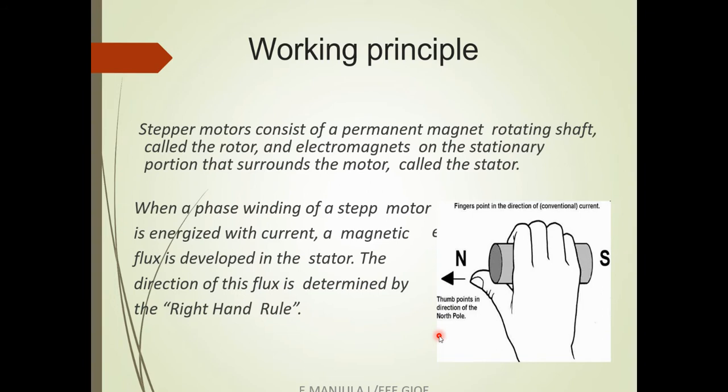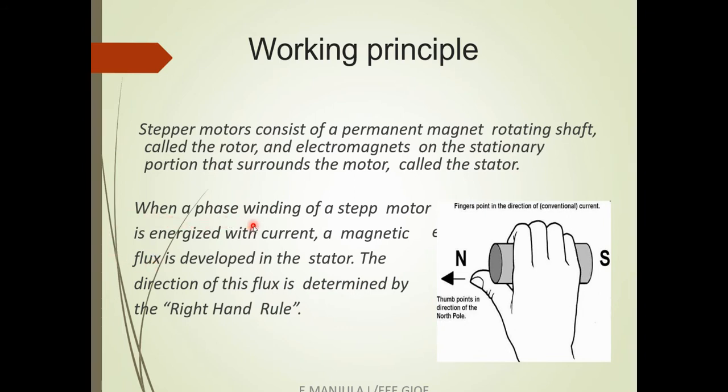Now we'll see the working principle. The stepper motor consists of a permanent magnet rotating shaft called the rotor and electromagnets on the stator. The portion which surrounds the rotor is called the stator.